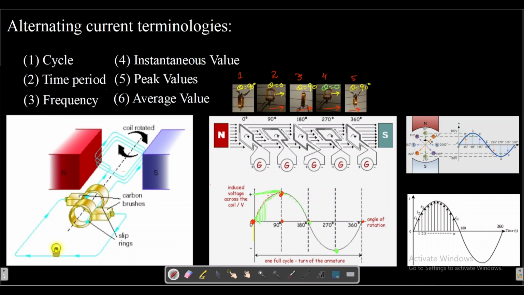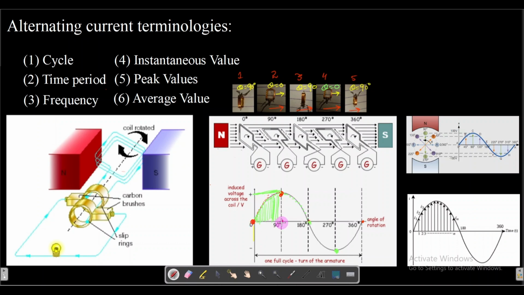On the top, if we draw the induced EMF for each degree, there will be about 90 lines, and each line represents the induced EMF at that specific angle. I mean that if I change this angle per degree, for each degree there will be an induced EMF. For example, the induced EMF at an angle of 45 will be a positive value.